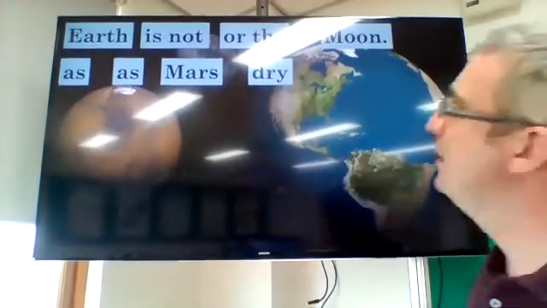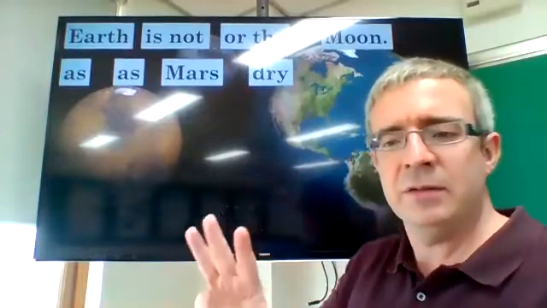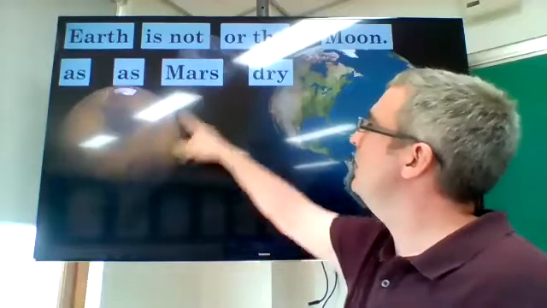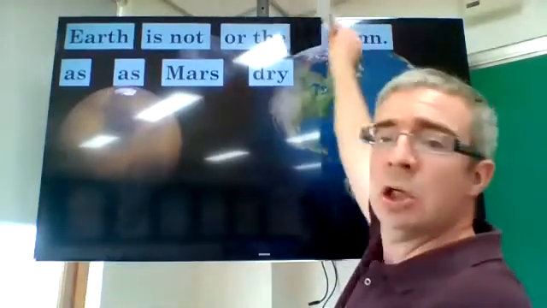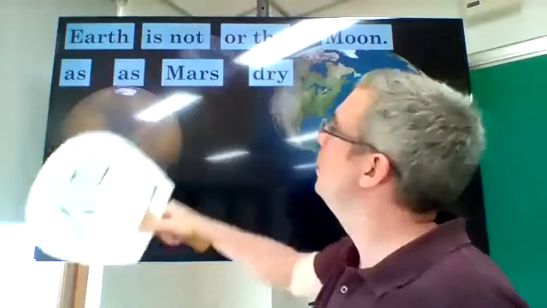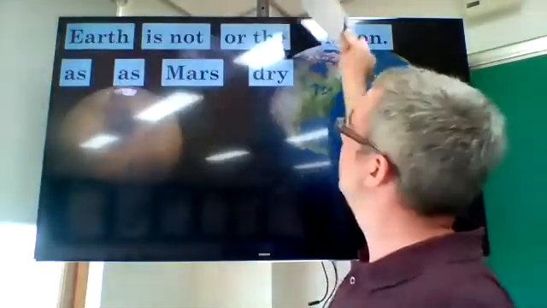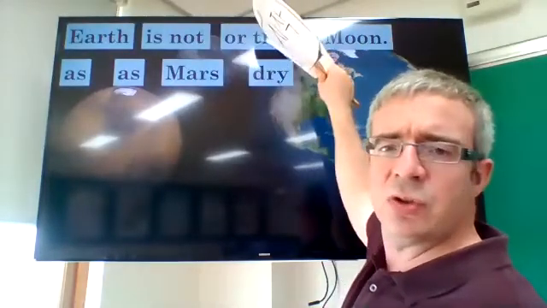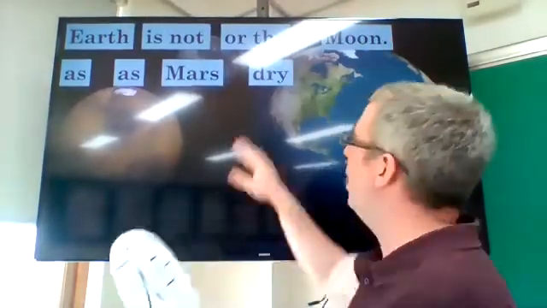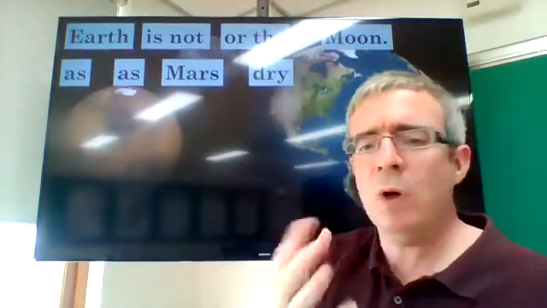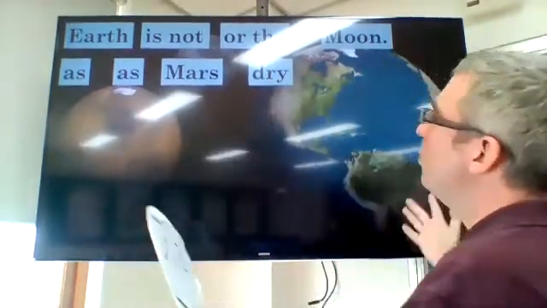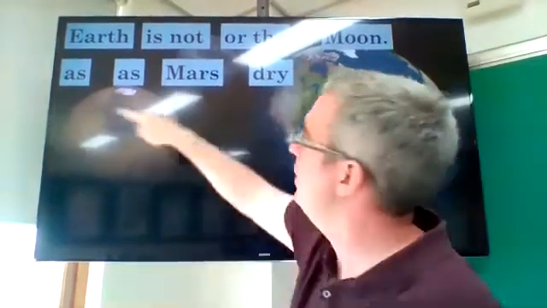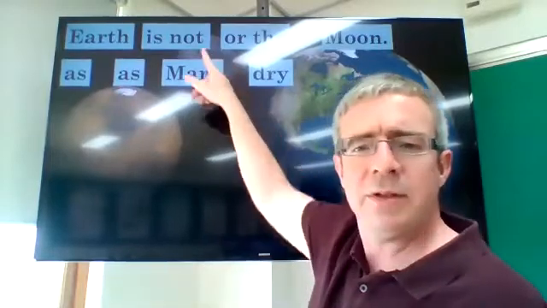Now we've got three. We've got Earth, Mars, and then back here, I don't know if you can see it really well, the Moon. So Earth is not as dry as Mars or the Moon. So a lot of water, just a little bit of water, and then no water.